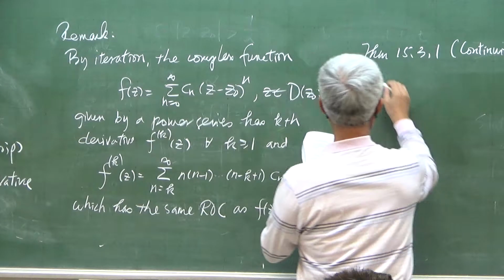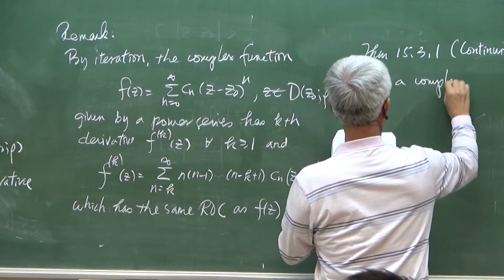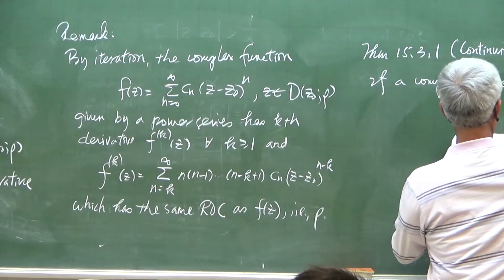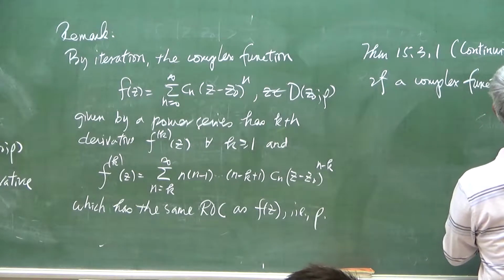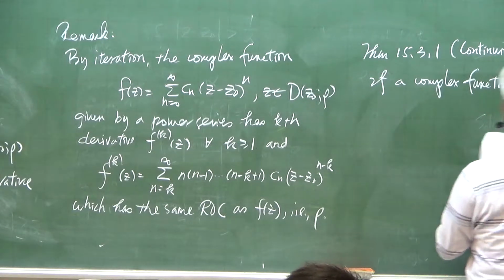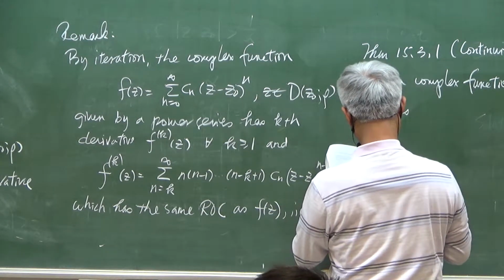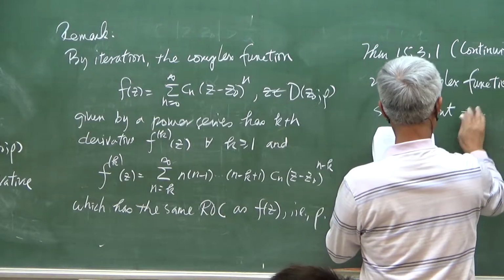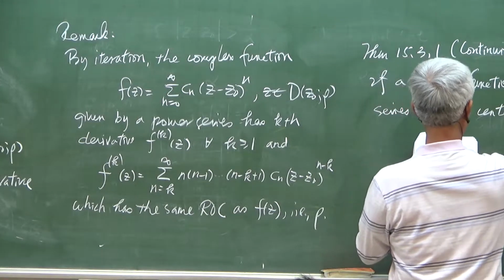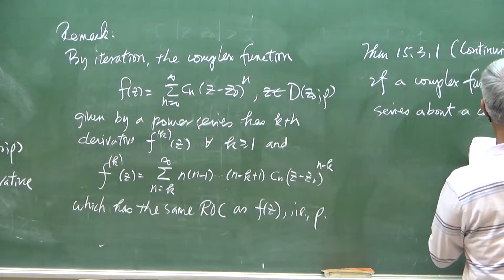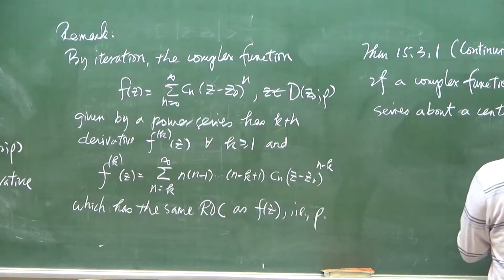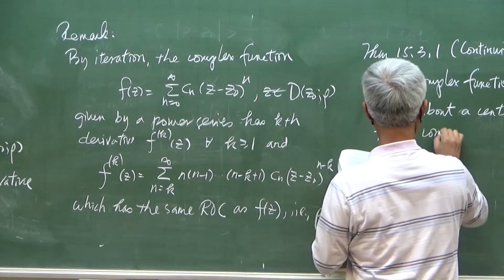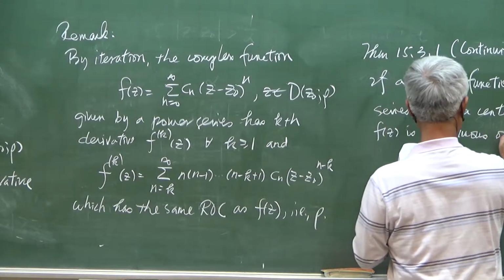If a complex function f of z is defined by a power series about the center z0 with ROC equal to rho, then f of z is continuous on the disk.